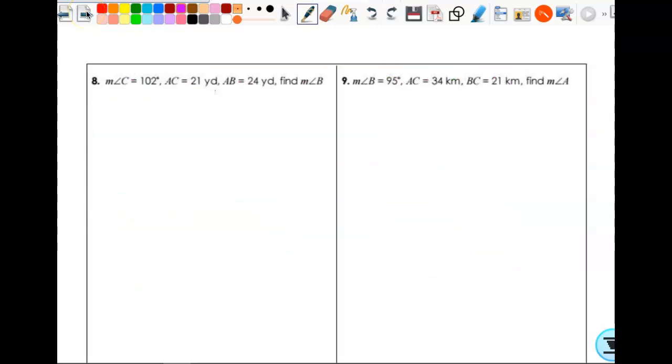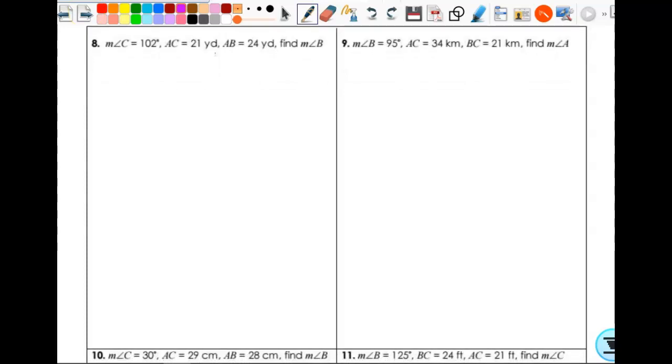So let's look at number 8. So draw my triangle. ABC. So angle C is 102, and clearly my triangle is not to scale, but it does not matter at all. AC is 21.